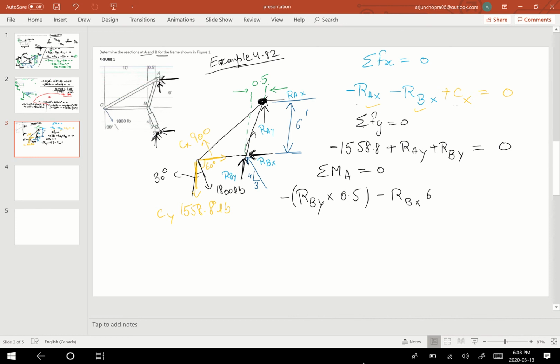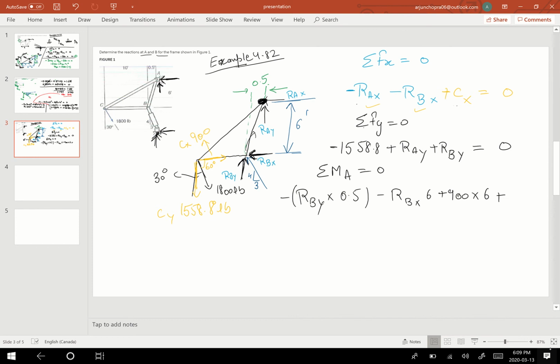This 900 is trying to rotate it in the counterclockwise direction, so I'm going to write it as plus 900 times the distance 6, and Cy is also trying to rotate it counterclockwise, so I'm going to write it as plus Cy.